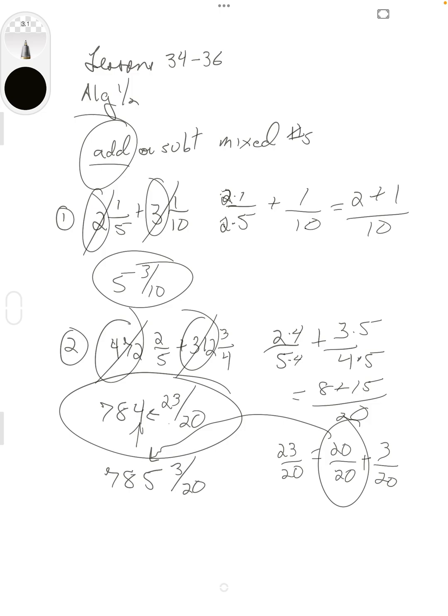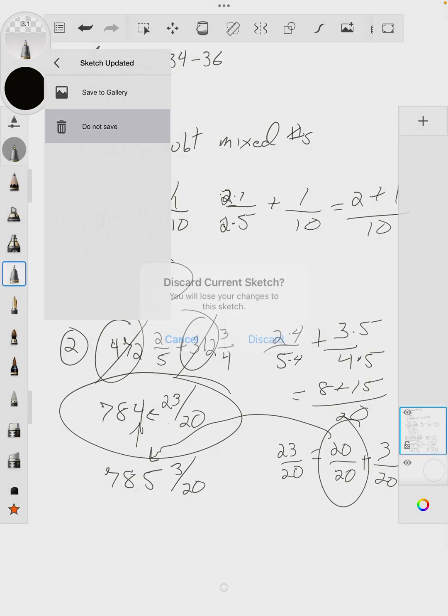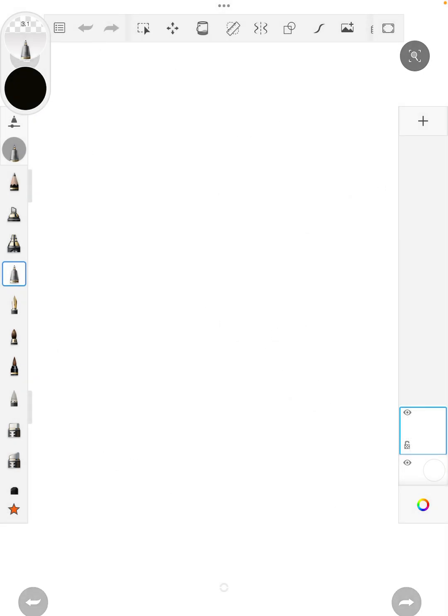Okay, so now let's look at subtracting these things. Again, kind of 2 levels of difficulty. Let's pick one, and this is primarily from lesson number 35. Let's say you have something like 4 1/2 minus 1 1/8. Same thing, 4 minus 1 is 3.